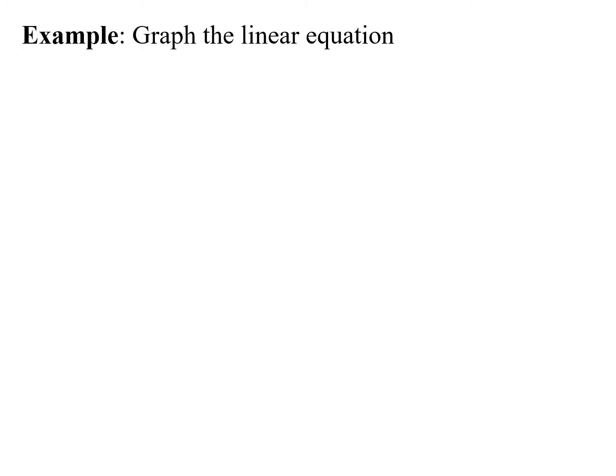Next, we're going to take a look at horizontal versus vertical lines. If I want to graph the linear equation y equals 3, it doesn't matter what x equals. There's nowhere to plug in an x value, therefore, whatever x is, it doesn't change the fact that y is equal to 3. If x is -1, y is going to be 3.